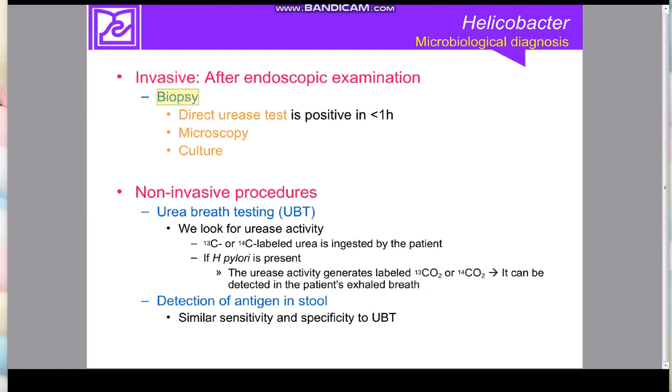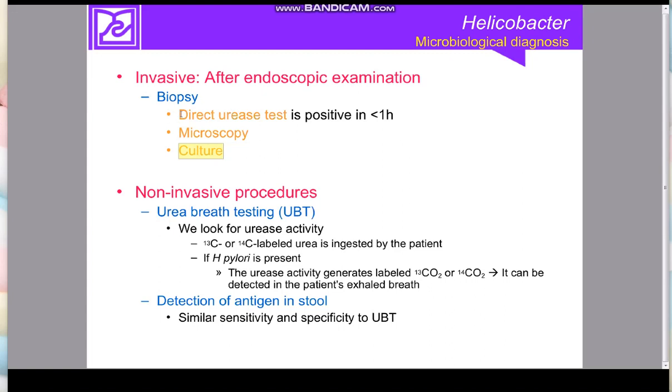In this biopsy, we can look for Helicobacter pylori using microscopy, and we find it many times, or through culture in the laboratory, and we wait for Helicobacter pylori to grow, but it's not easy because Helicobacter pylori is fastidious.